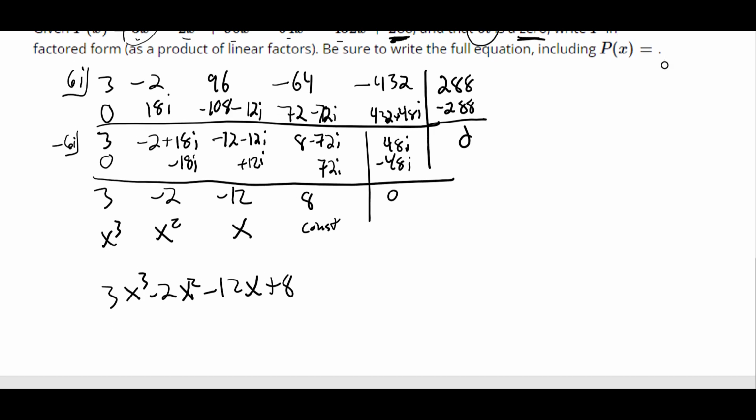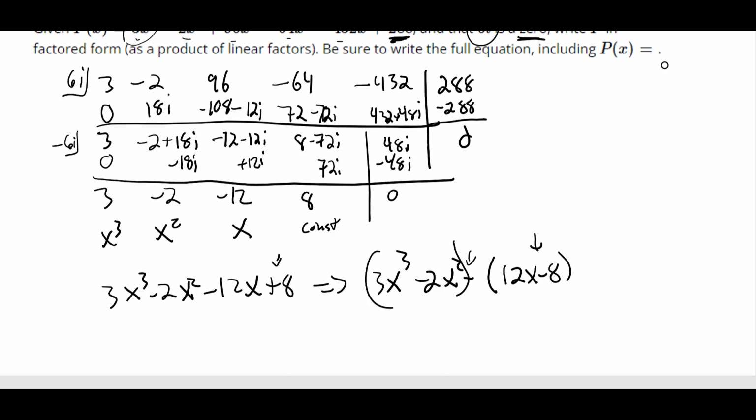And if we factor by grouping, I'm going to treat it like this. 3x cubed minus 2x squared, minus, in parentheses, 12x minus 8. I do this minus because this minus times that minus makes it a positive, what we had there. So if I group this part here as well, I can pull out an x squared, and I have 3x minus 2. Out of this other part, I can pull out a 4, and I have 3x minus 2.